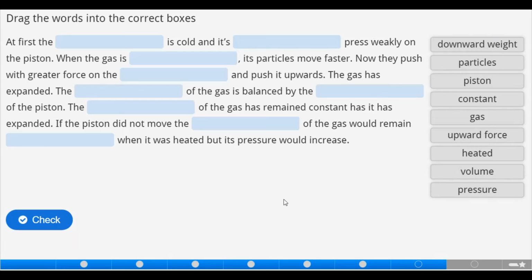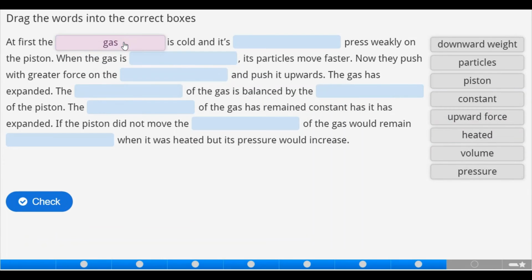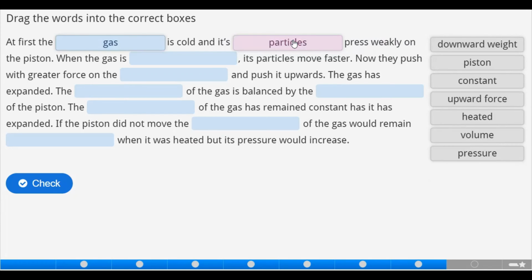So we are also to drag the following words into the correct boxes. At first, the gas is cold and its particles press weakly on the piston.